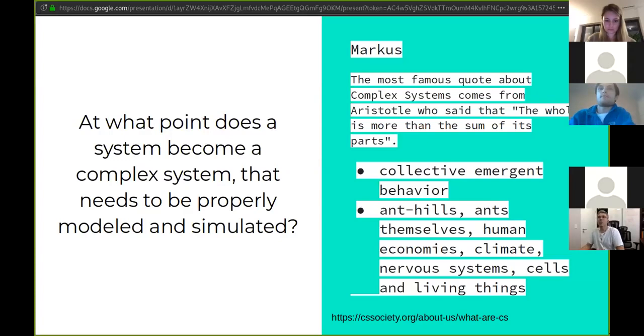So the question is, at what point does a system become a complex system that needs to be properly modeled and simulated? I would argue that if you zoom in enough, any system can be understood as a complex system, right? If I'm dropping a hammer on the floor, it's pretty basic, like high school physics.